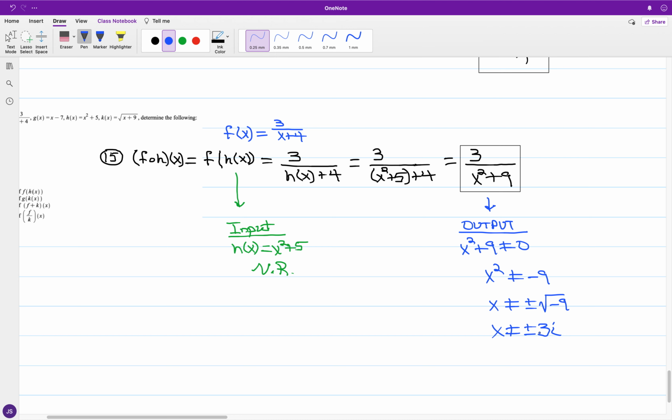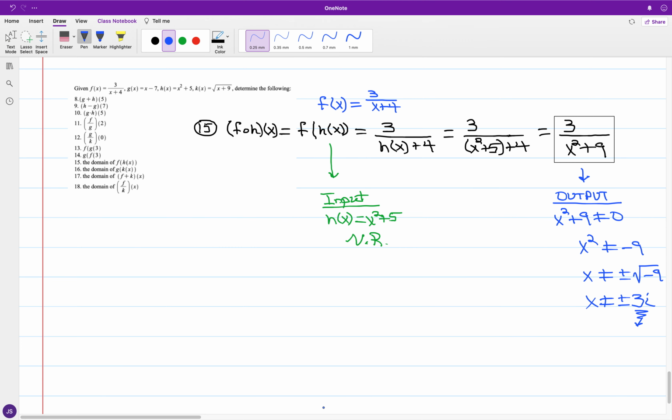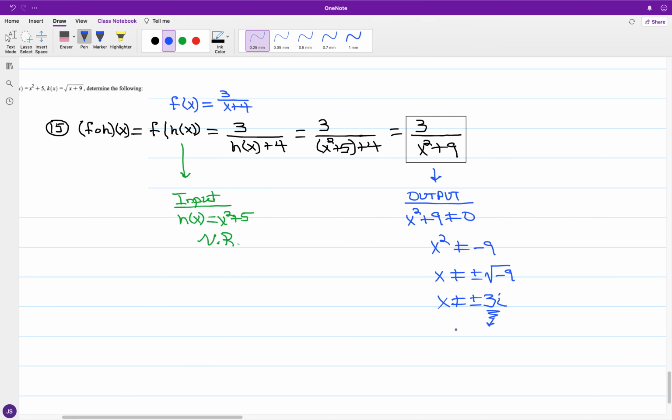But here's the deal on this one. Thanks to what I have with i, it turns out that there are no real valued exclusions. And since I don't have any real values excluded, that means that the output is also going to have no restriction in terms of what I can work with from the real numbers.